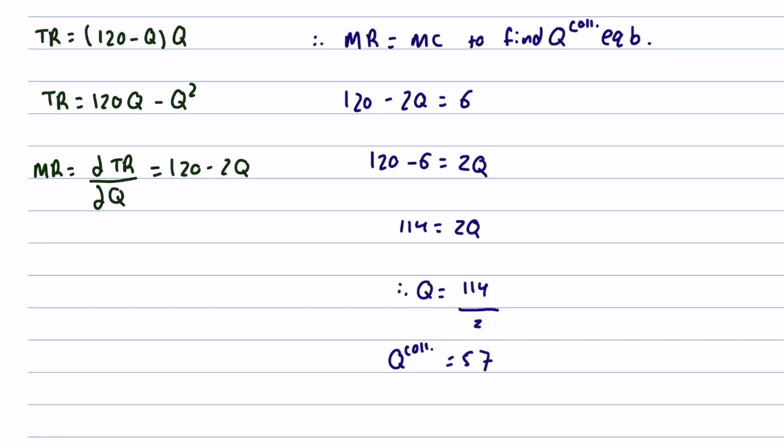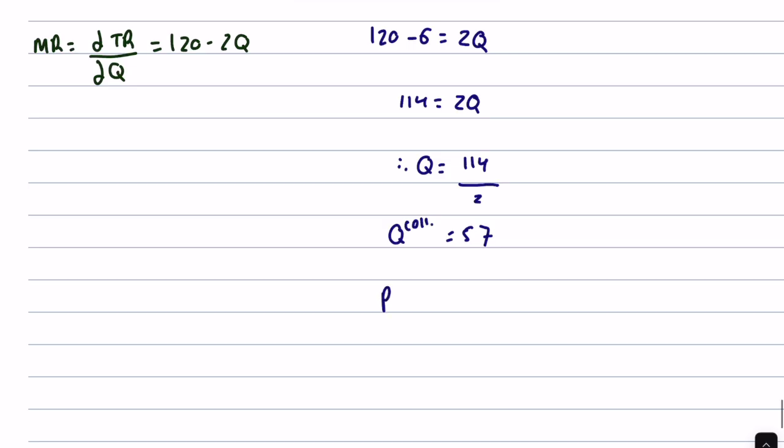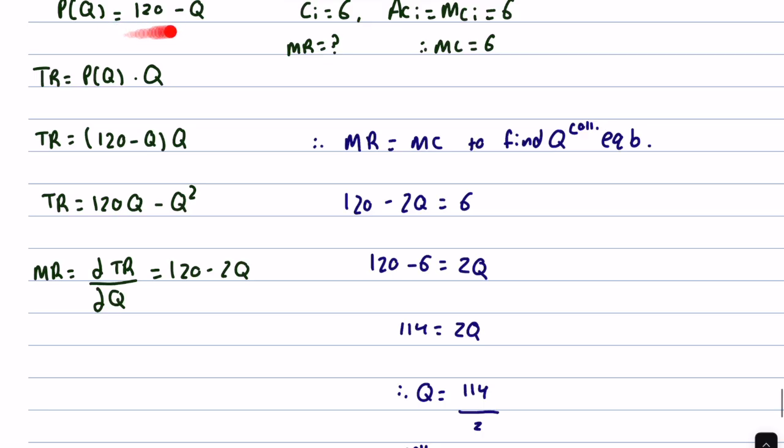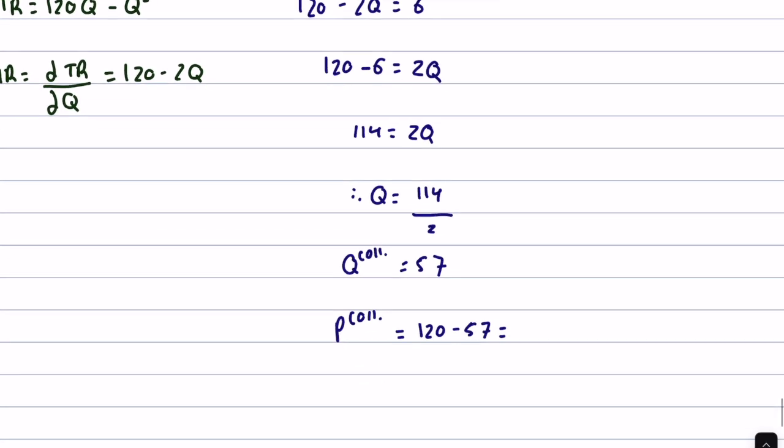Perfect. And we know that price collusion is going to be equal to 120 minus 57, right? And we get that from the price equation right here. So price collusion is going to be equal to 120 minus 57, which is equal to 63, right?